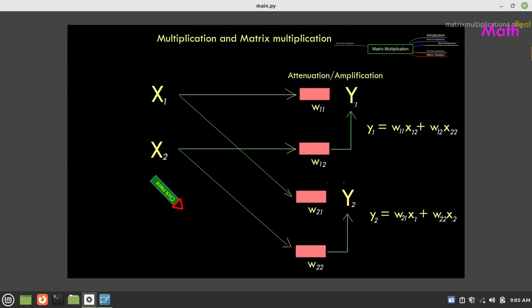What about this? There are two outputs, Y1 and Y2. X1 has weights W11, W12 to generate Y1.